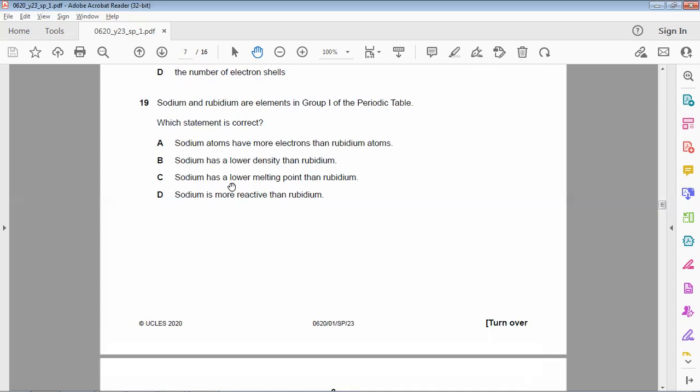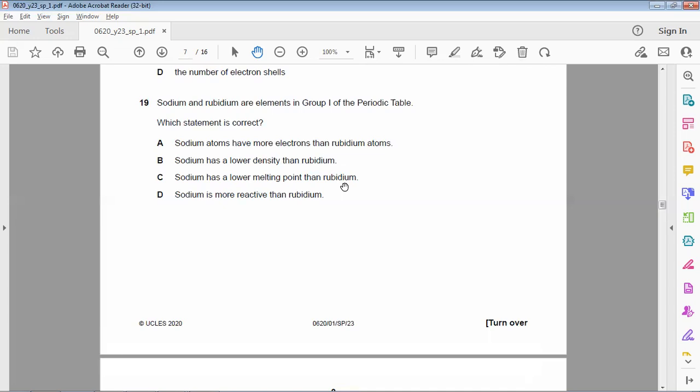Option C, sodium has a lower melting point than rubidium. Well, sodium does not have a lower melting point. This is because sodium is a smaller atom, with fewer shells, as it is in a smaller period compared to rubidium.